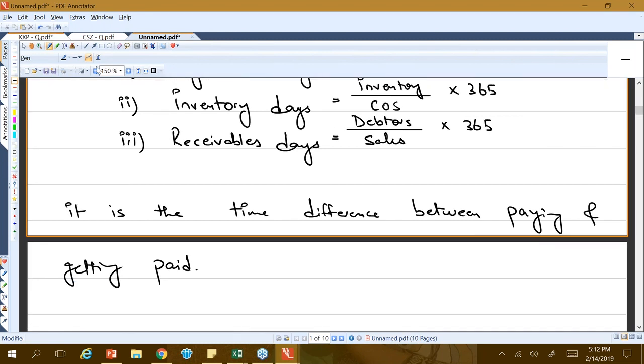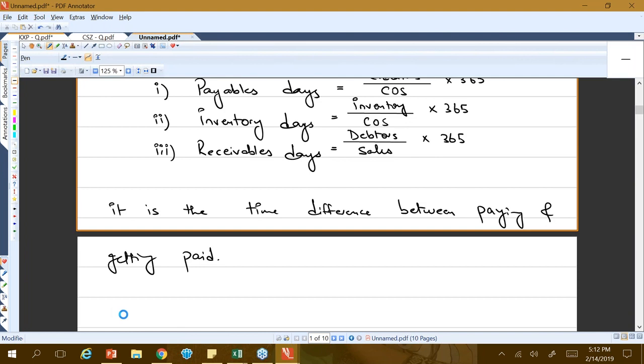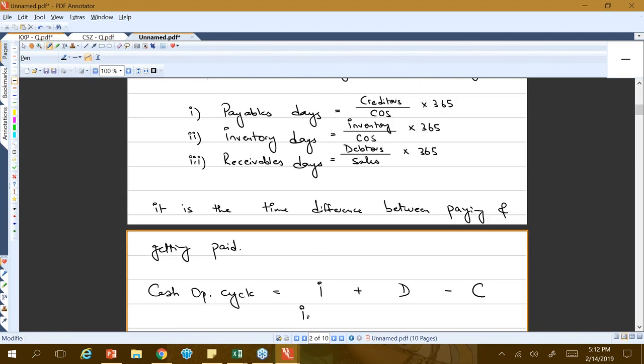The cash operating cycle is what I call IDC. I is inventory days, D is debtor days, and C is creditor days.